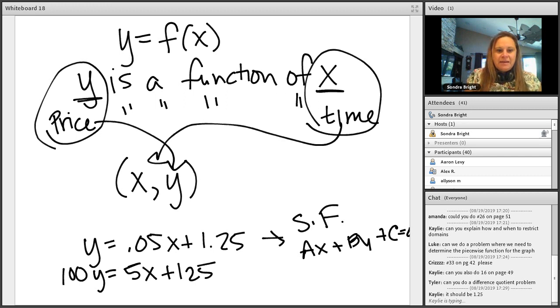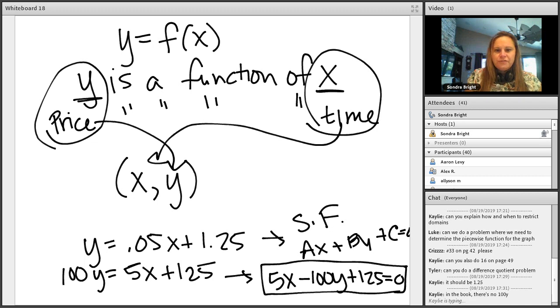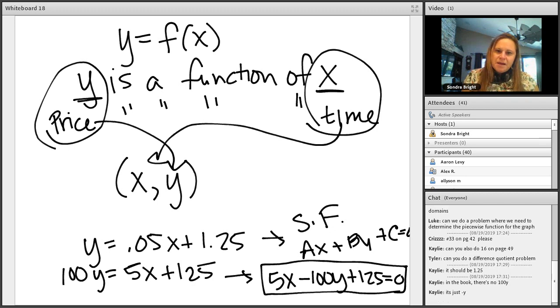And then rewriting this in standard form, it would be 5x minus 100y plus 125 equals 0. So you'll have to do the same thing, put it in standard form. Keep in mind, ax plus by plus c equals 0, and your a needs to be positive, and no fractions for a, b, or c.